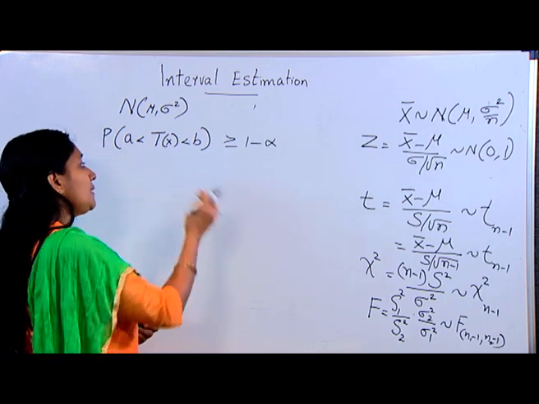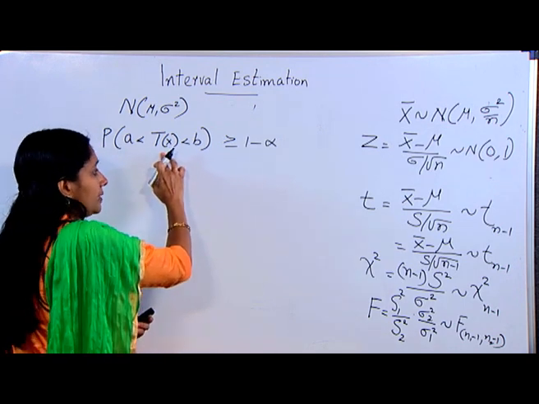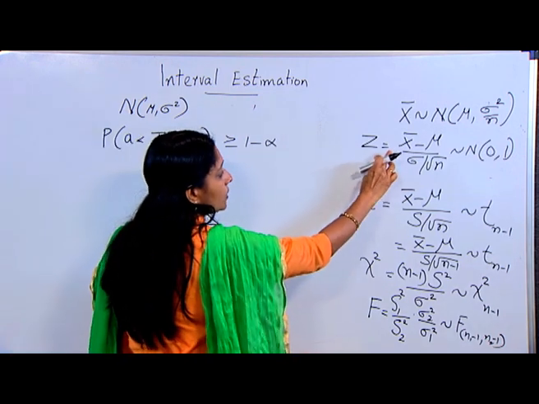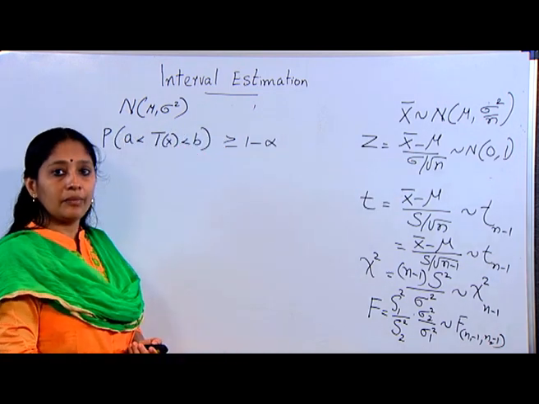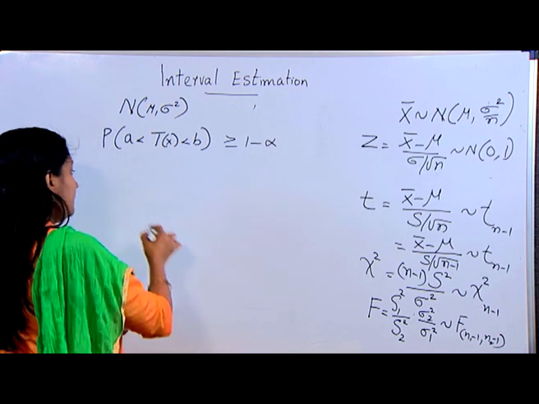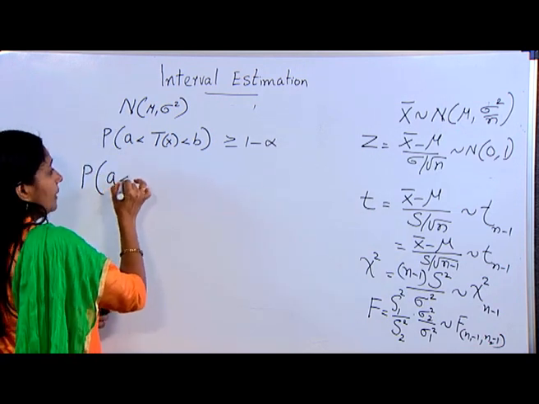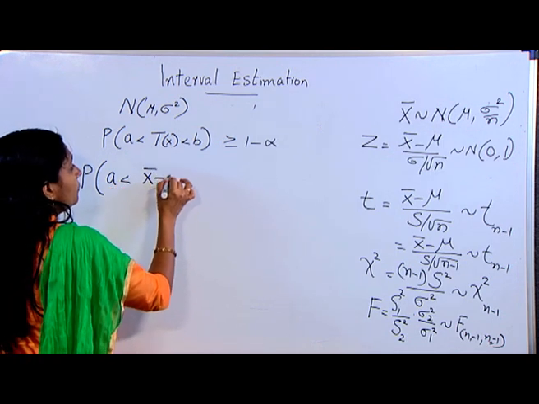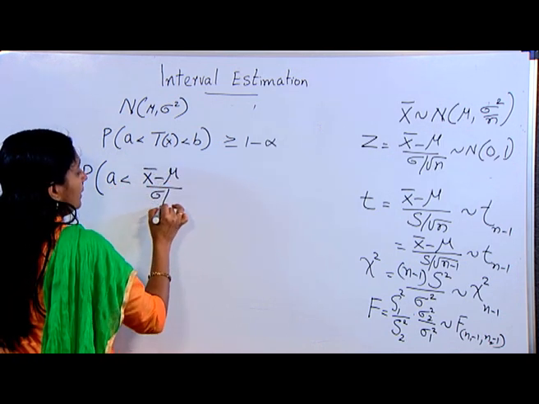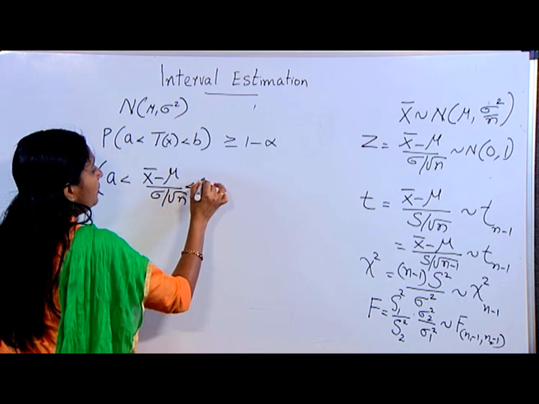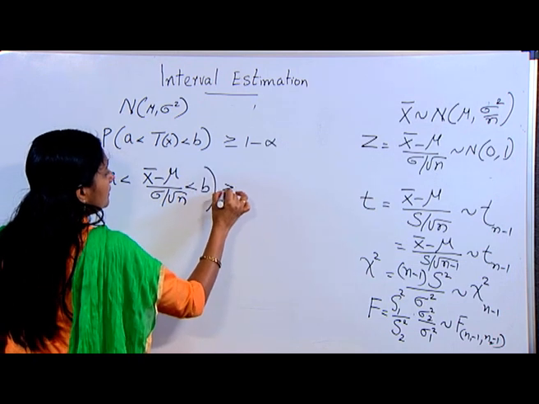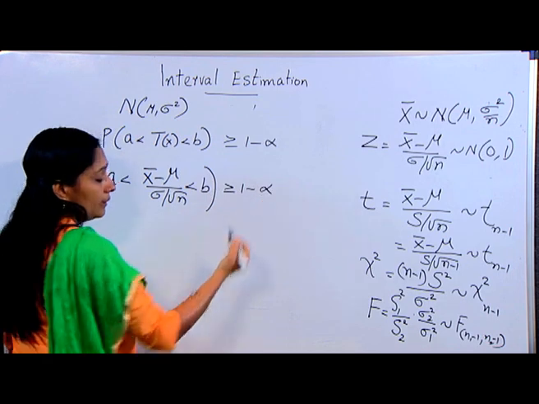It is easy to start with T(X) equal to Z equal to (X bar minus mu) by (sigma by root n). Hence, we have the probability of a less than (X bar minus mu) by (sigma by root n) less than b is greater than or equal to 1 minus alpha.